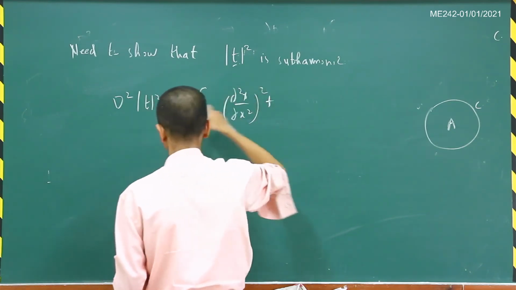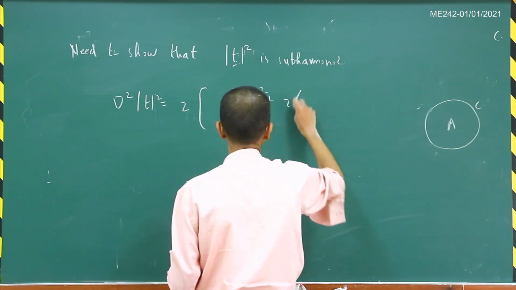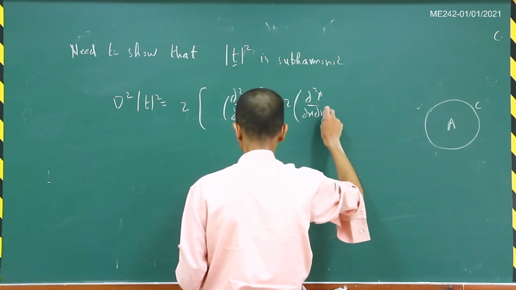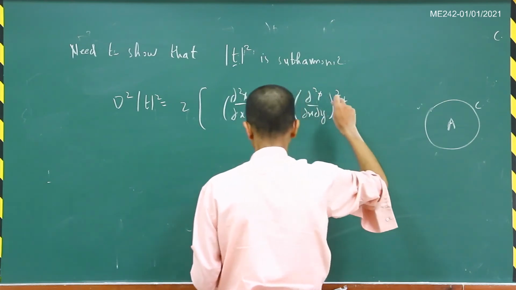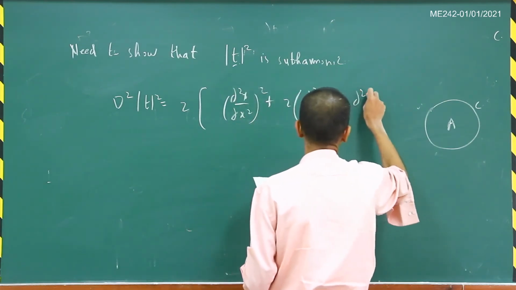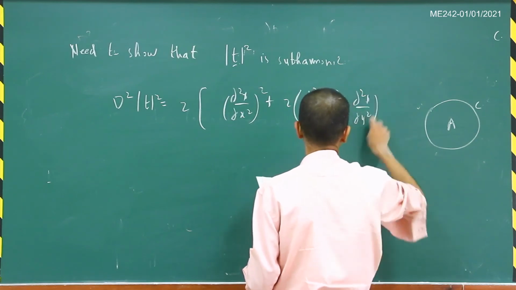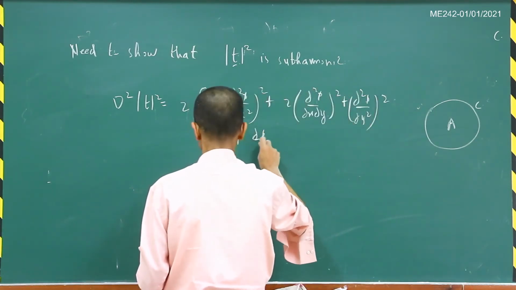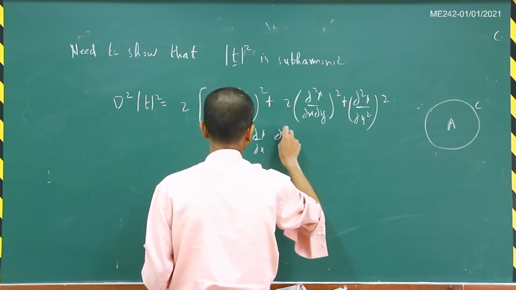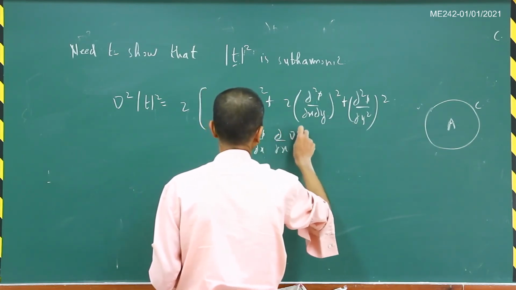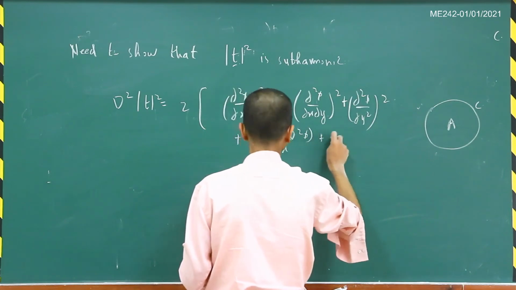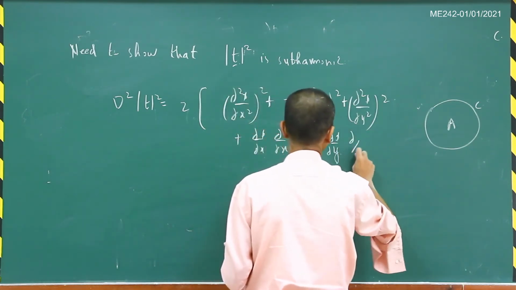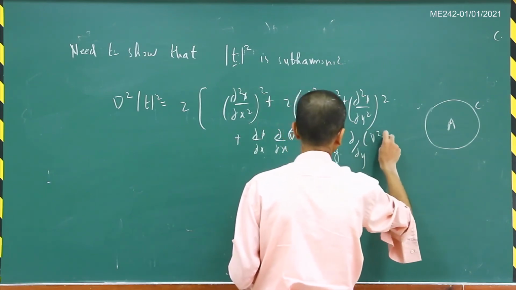So this is 2 times del square phi by del x del y, squared, plus del square phi by del y square, plus del phi by del x times del by del x of del square phi, plus del phi by del y times del by del y of del square phi.